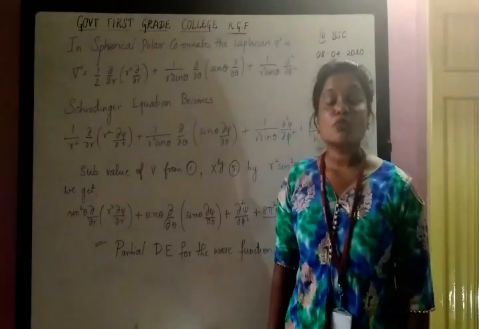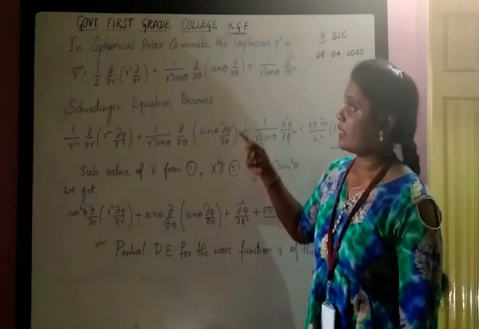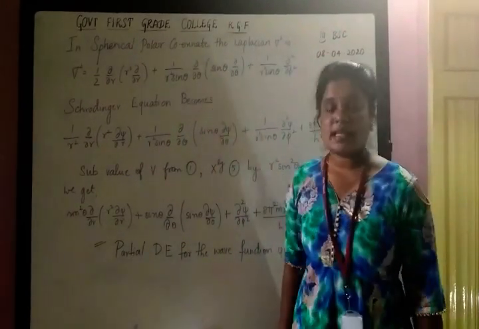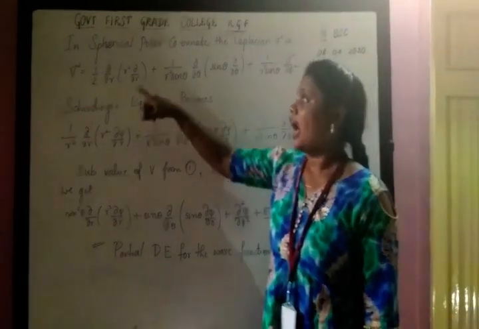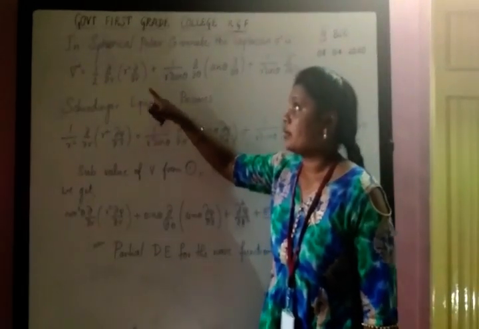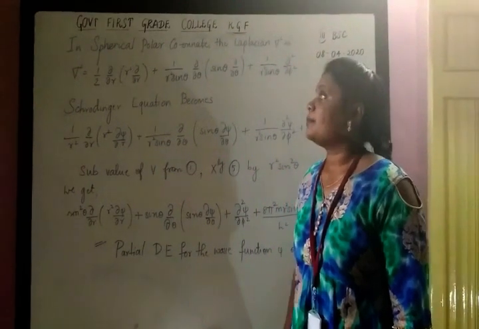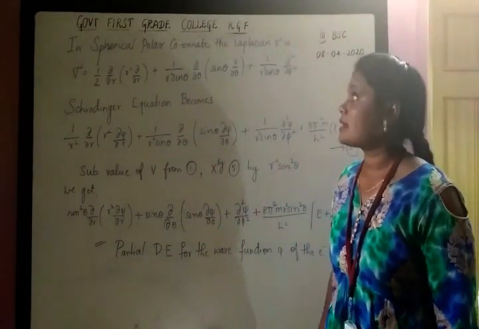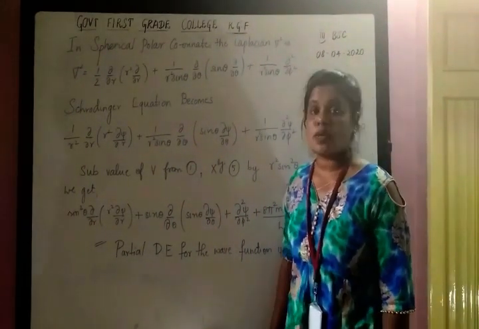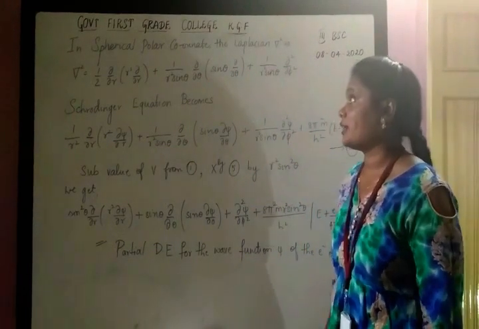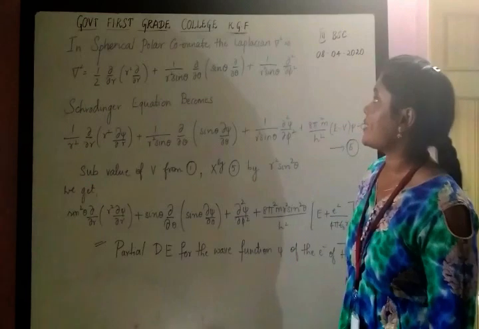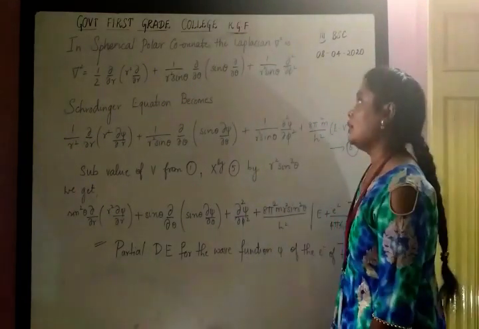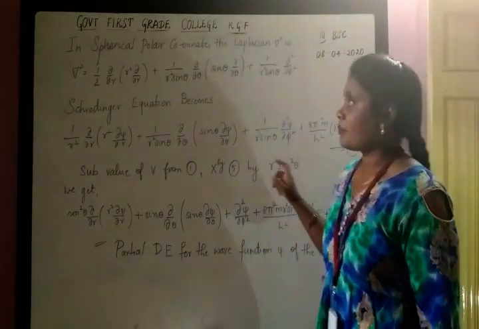Now let's move on to the next step. In spherical polar coordinates, the Laplacian del square is given as 1 by r square dou by dou r into r square dou by dou r plus 1 by r square sin theta dou by dou theta into sin theta dou by dou theta plus 1 by r square sin square theta dou square by dou phi square.